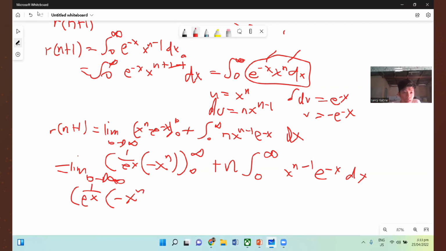So dito kung i-substitute natin to, para mas malinaw, plus n times the integral from 0 to infinity of x raised to n minus 1 e raised to negative x dx.